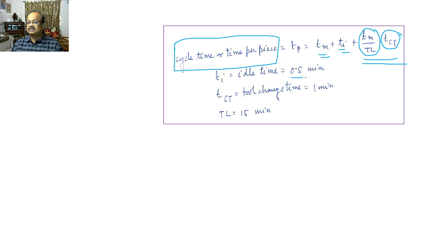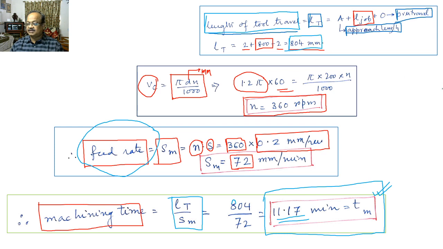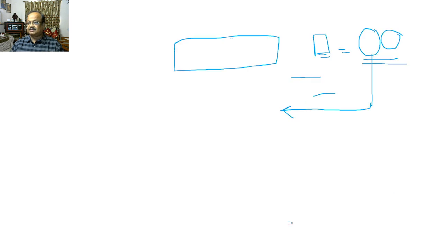In our case, idle time is 0.5, tool change time is 1 minute, and tool life is 15 minutes. So the only thing which is not known is TM, that we have calculated in the previous slide, which is 11.17.